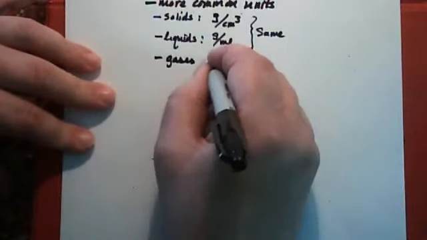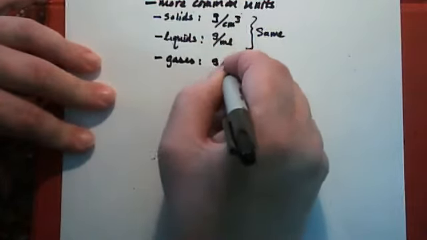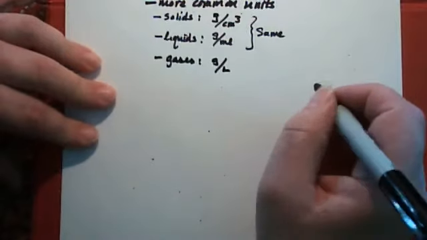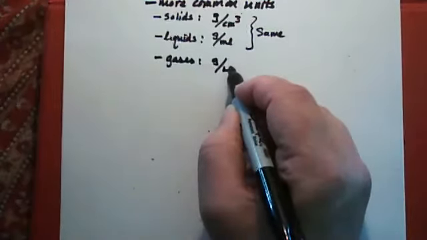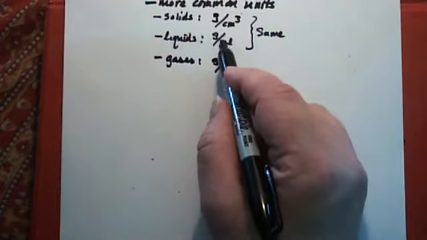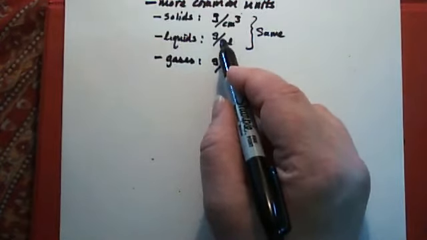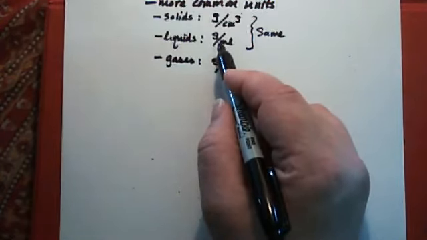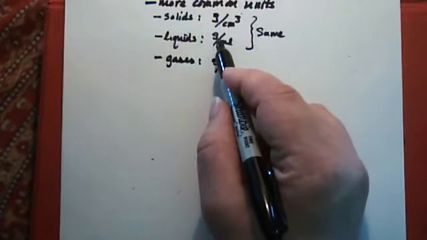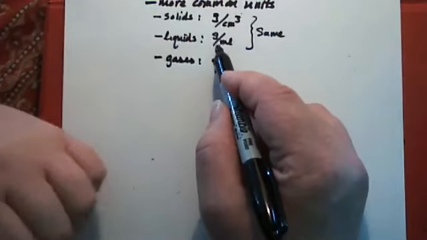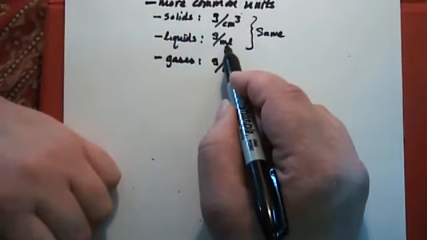For gases, the more common unit for density would be grams per liter. We use a larger volume for gases usually because gases are not very dense at all. If you measured the volume of a typical gas at typical atmospheric pressure and typical room temperature, you would probably end up with a number that's something like 0.002 grams per milliliter.